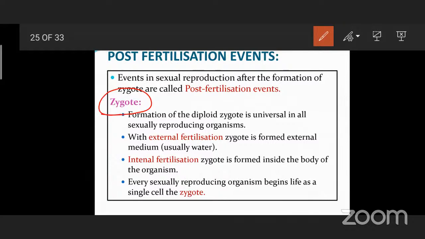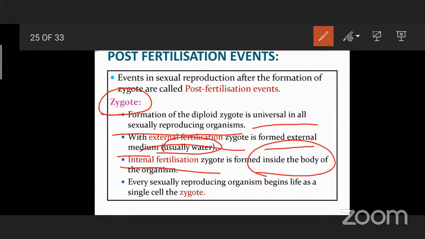The formation of a diploid zygote occurs universally in all sexually reproducing organisms. With external fertilization, the zygote is formed in an external medium, usually water. Next, internal fertilization: the zygote is formed inside the body of the organism. Every sexually reproducing organism begins its life as a single cell, that is the zygote.